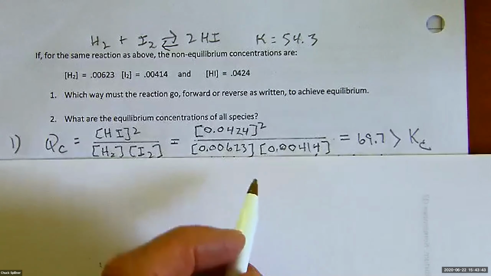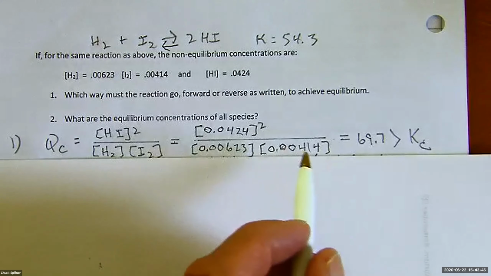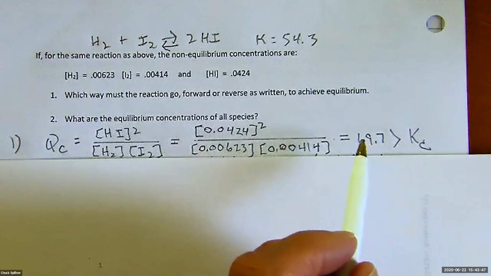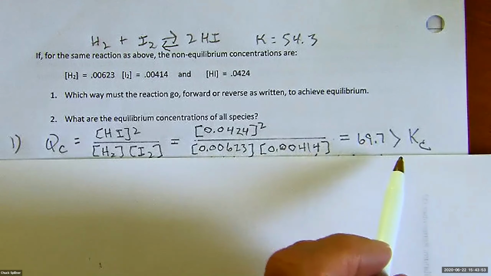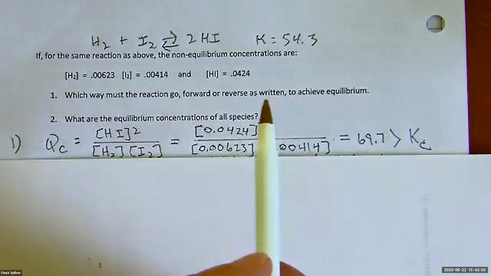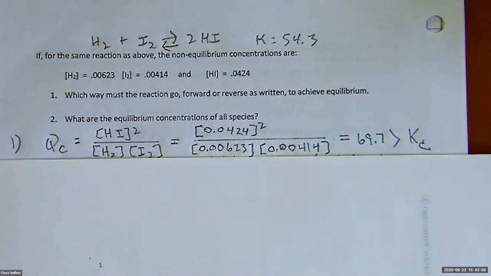So when we plug in those values and multiply and divide, we end up with 69.7 for Q. Well, that's greater than Kc, which is up there at the top. It's greater than 54.3. So that means the denominator is too low, which means we have too much product.